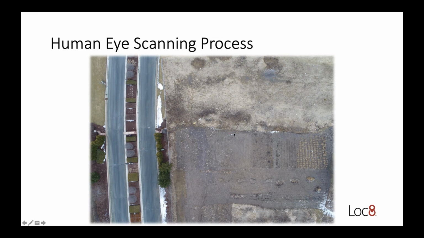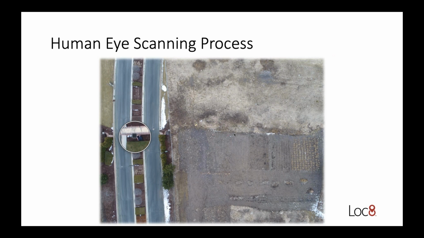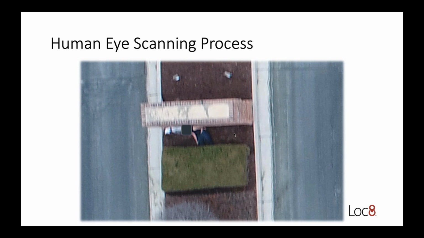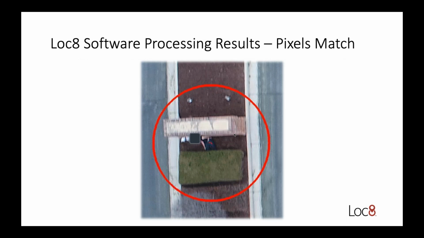So I'll give you a hint where this target was: it's behind this entrance of this wall, and I can zoom in a little bit. The target was laying down, with part of the legs underneath the brush. So it was actually hard to see from the air, even at the elevation I was at.